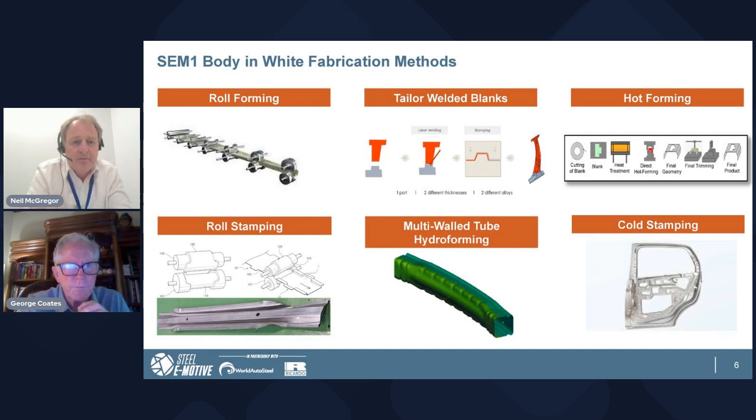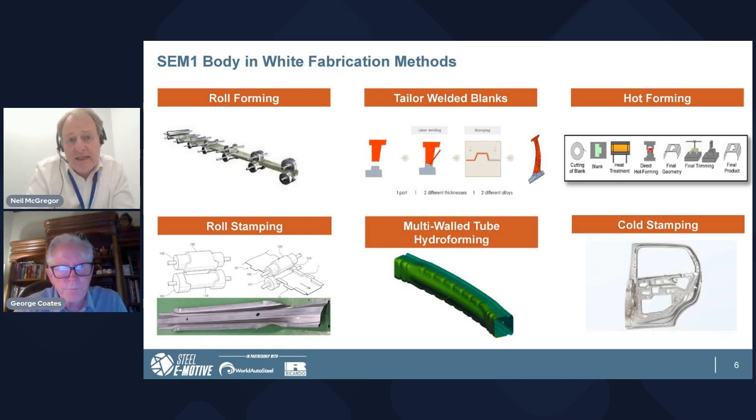Processes like roll forming, roll stamping allow you to form uniform or mainly uniform sections. It gives very good material utilization, so a low scrap rate, giving us very good cost and very good sustainability performance. The same with hydroforming, or tube hydroforming, gives us uniform sections with good stiffness and strength performance, and again, good material utilization.